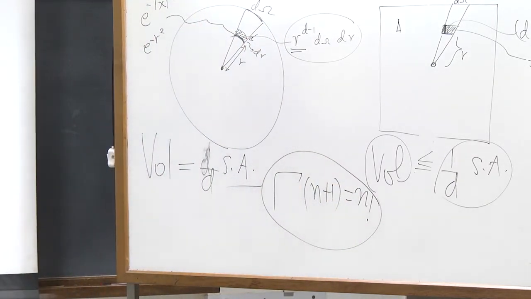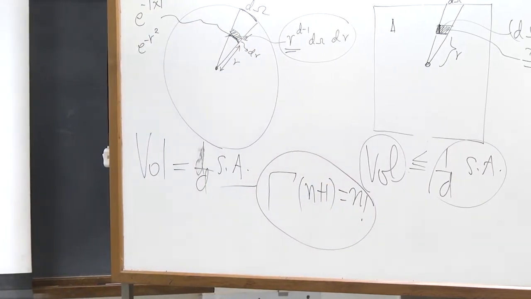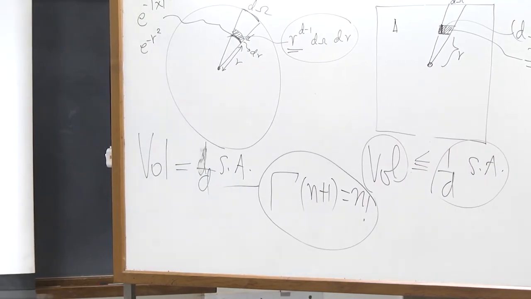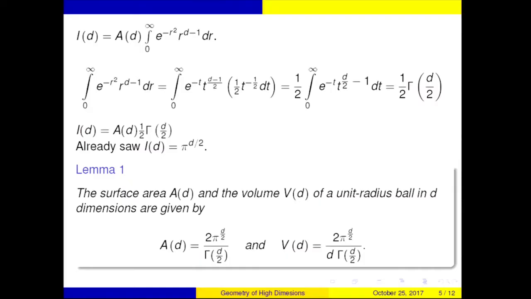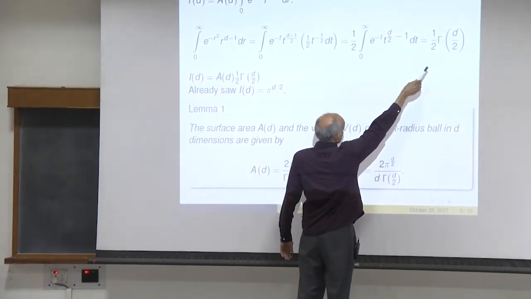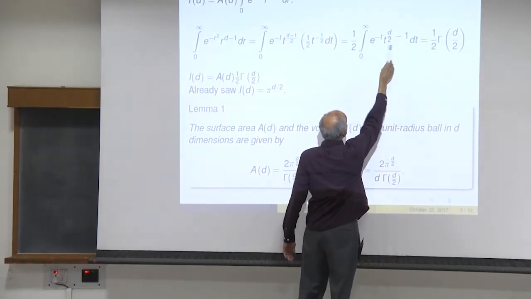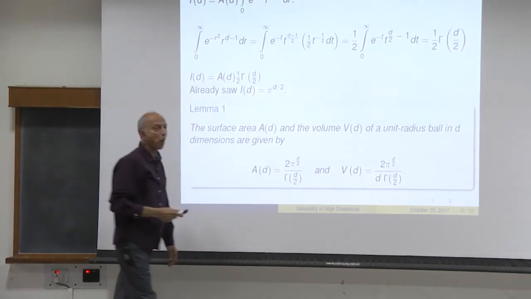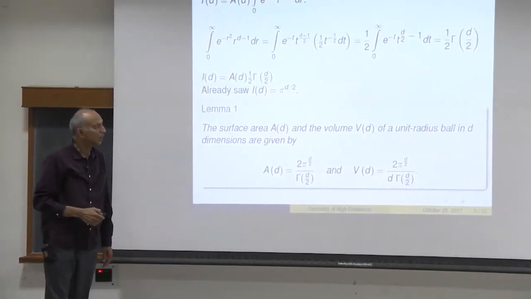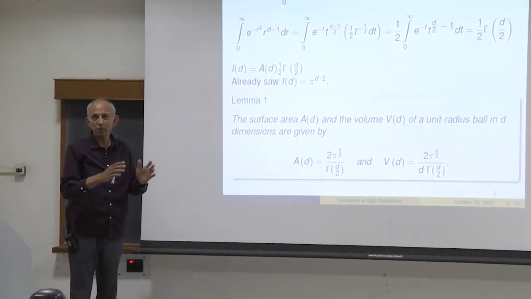But gamma is defined for any real value. So it's defined whether or not you have integers. For integers, it's a factorial, but it's defined always by that mechanism, right? So gamma of d over 2 is the integral of e to the minus t times t to the power that thing minus 1. It's a moment of the exponential probability density, right?